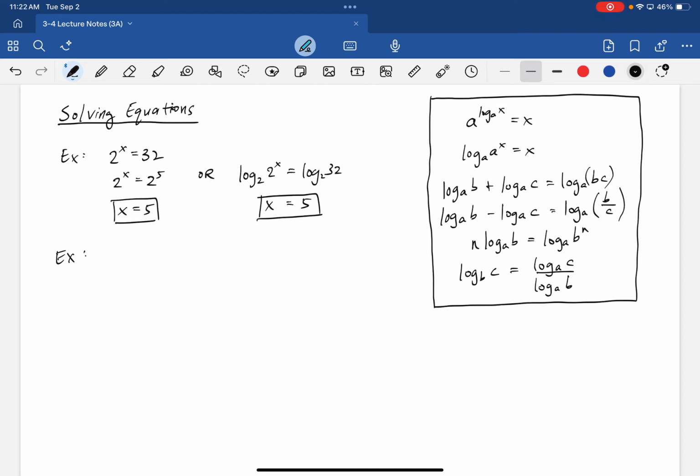Let's say we have 1/3 to the x equals 9, and we wanted to solve for x. How would we do it the first method, making the bases the same? Yeah.